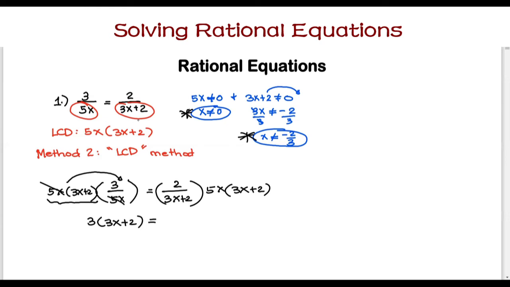Equals, dito naman sa kabilang side, kapag minultiply natin ito, magka-cancel out naman yung 3x plus 2. So, ang matitira, 2 times 5x. So, we distribute here. What do we get? We will get 9x plus 6, equals 10x.